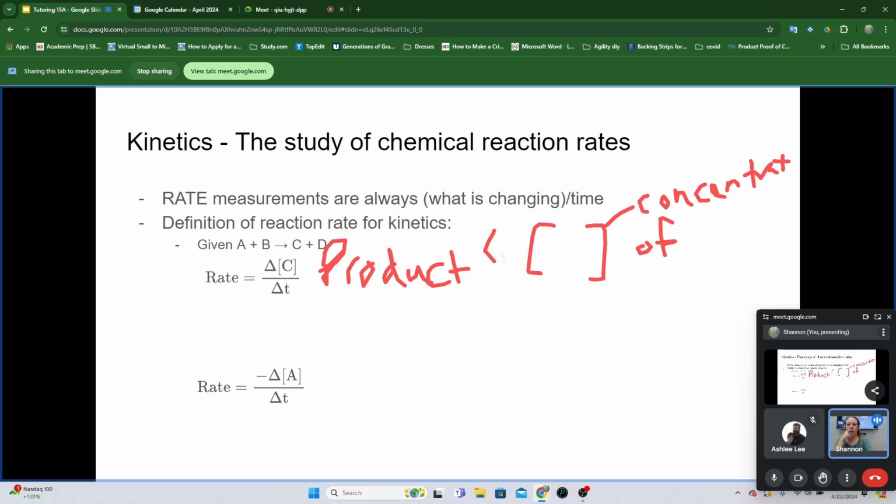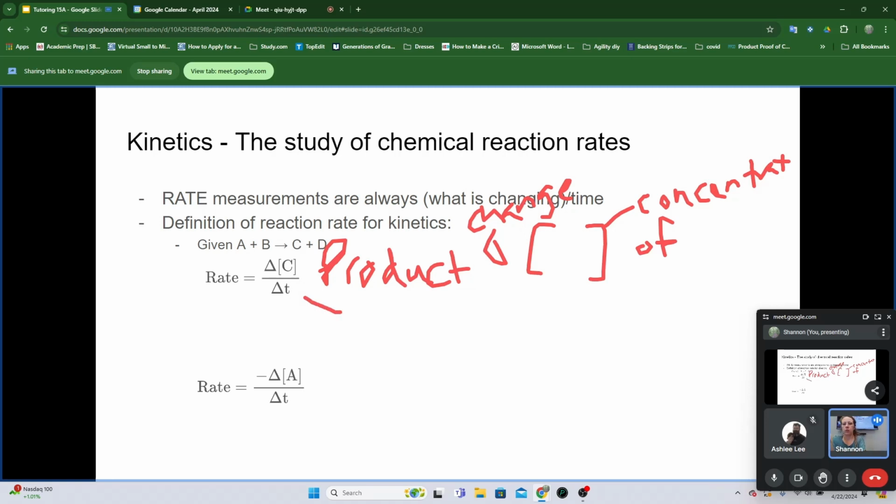And we know delta means change in, right? And so all of these symbols mean the change in concentration of C. That just means you're going to do a subtraction problem up top with one C concentration and then the other C concentration. And on the bottom, you're going to do another subtraction problem.